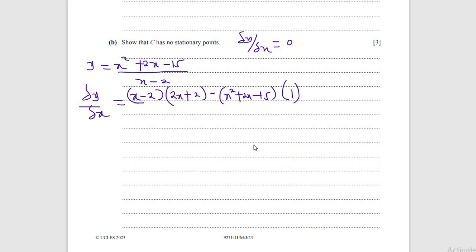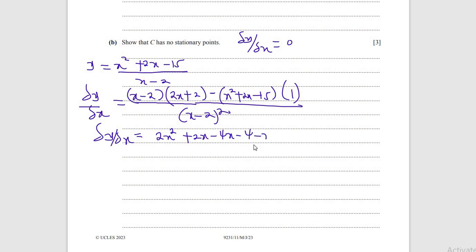When you put the bottom, that's 1, all over the bottom squared. So dy/dx in this case will be, open the bracket, that's 2x squared plus 2x minus 4x minus 4 minus x squared minus 2x plus 15 all over the bottom squared.